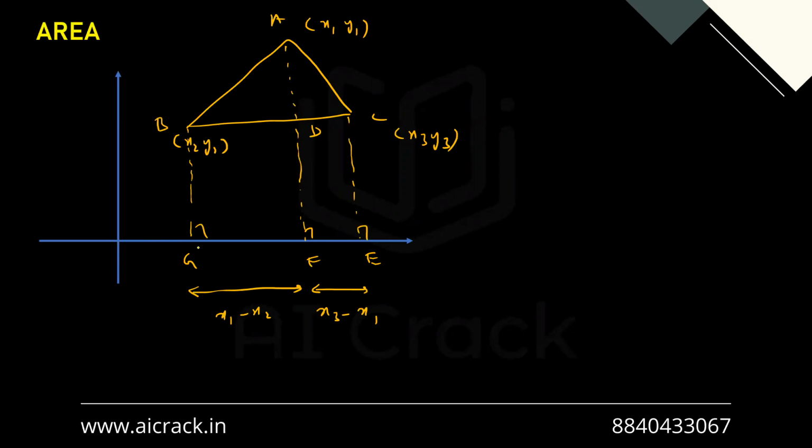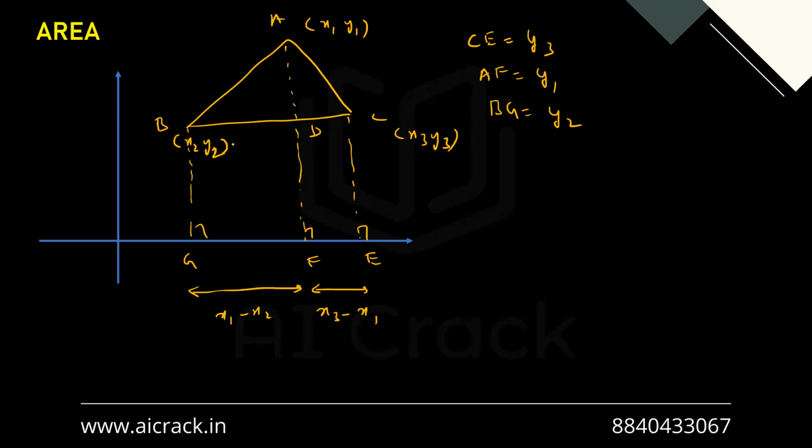This is x1, this is x3, so x3 minus x1. Similarly, CE length would be y3, AF length would be y1, and BG length, sorry, this is y2. Yes, BG length would be y2, right?